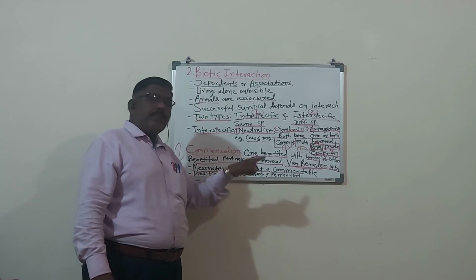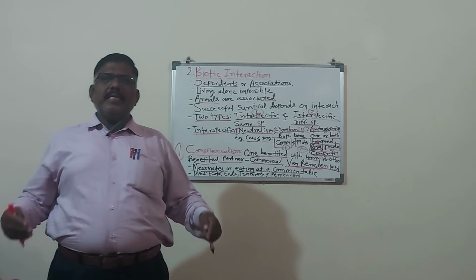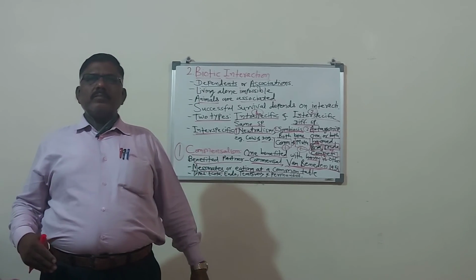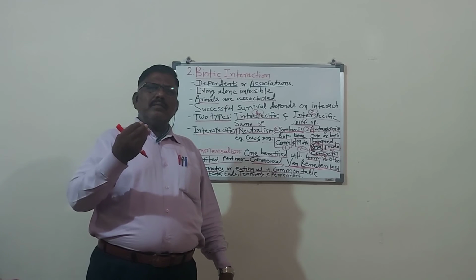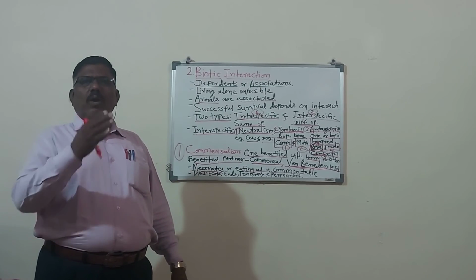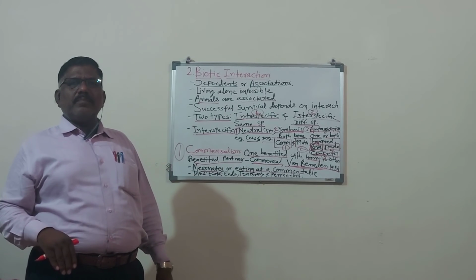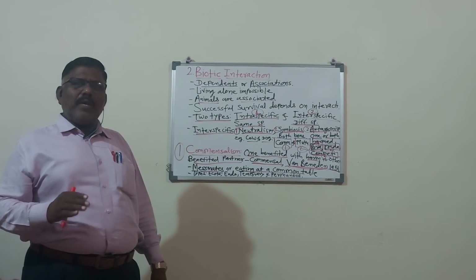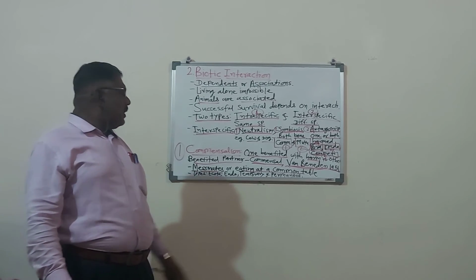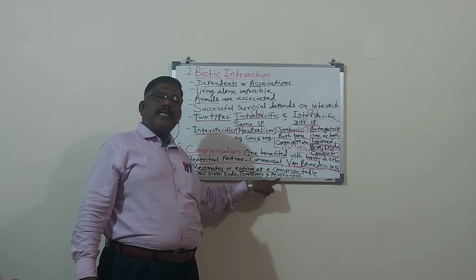Then temporary commensalism: there is an interaction between animals for a time. That is called temporary commensalism. Some animals are always in association with other animals. That is called permanent commensalism.